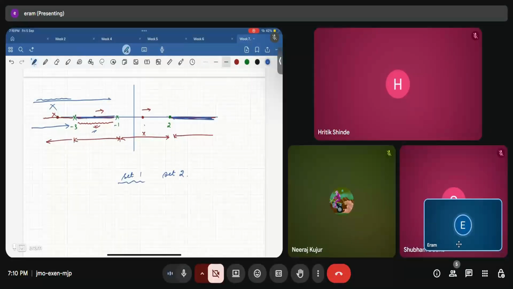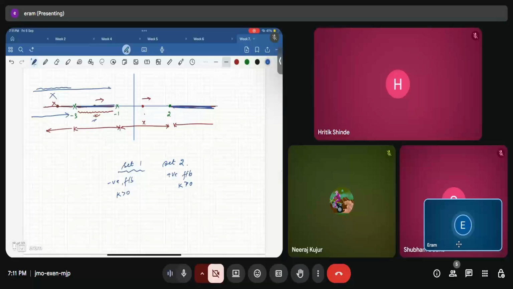Set 1 means the original one, that is with negative feedback and k greater than 0, and set 2 is of the type positive feedback and k greater than 0.